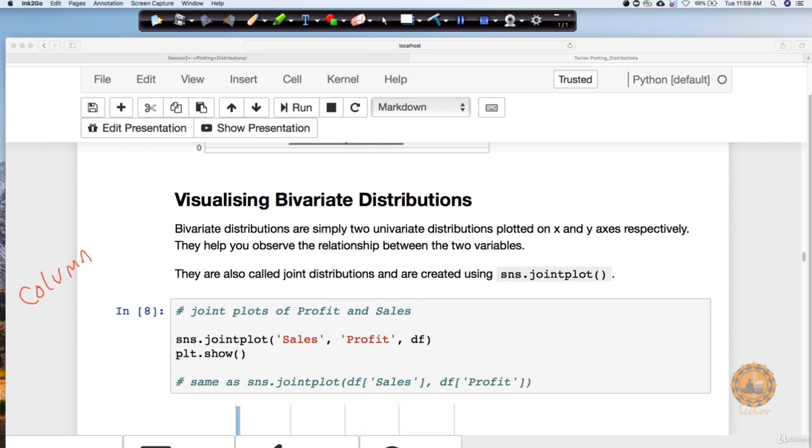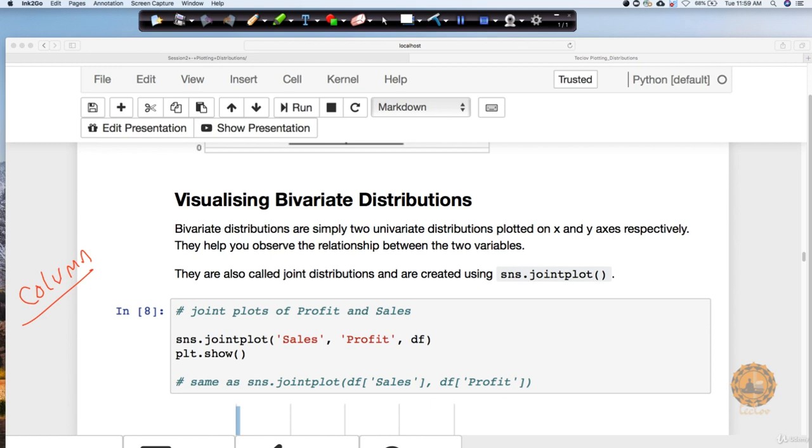For example, we were talking about order amount, we were talking about shipping cost, we were not including any other column other than the column under consideration. So I was not even bothered about any other thing in that. But when it comes to bivariate distributions, we are going to talk with respect to 2 columns. So not one column, but 2 columns. That is going to be the difference in bivariate analysis.